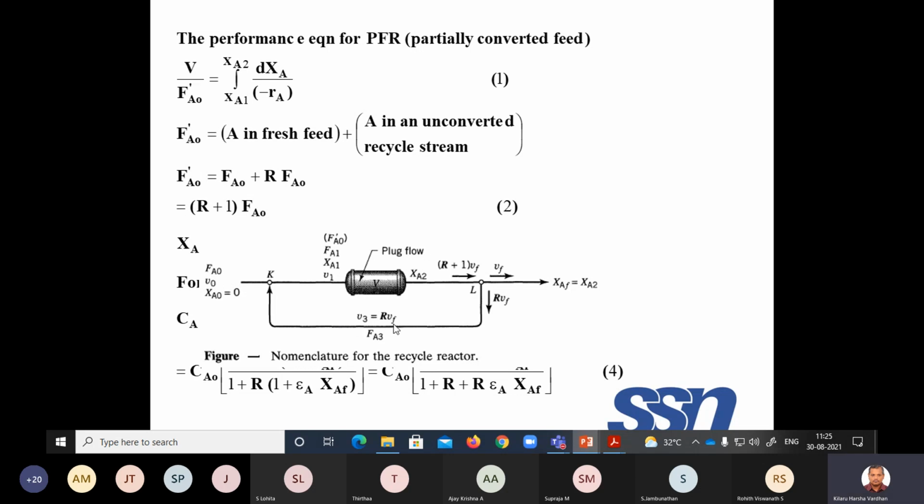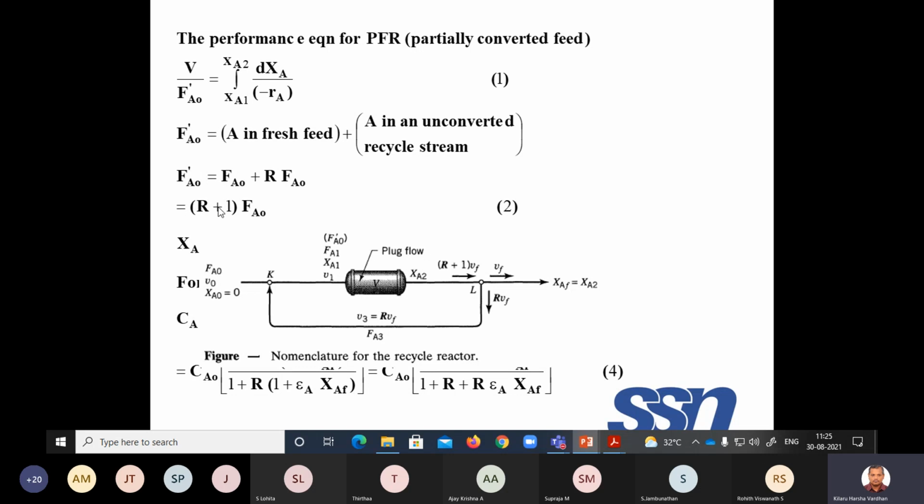How much is going here? It is nothing but R into FA naught, because how much is going out, that itself is recycled here. So R times FA naught. So Fa naught dash is nothing but R plus 1 times FA naught. Fa naught dash is unknown, which you want here, so we are writing in terms of the known. R you know, because you decide how much you are going to recycle, and FA naught is already known initially.